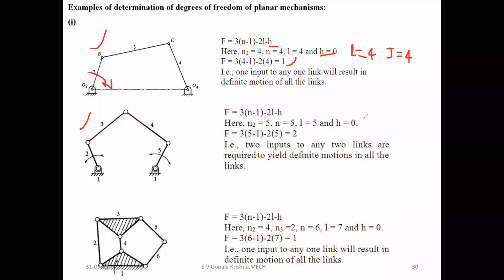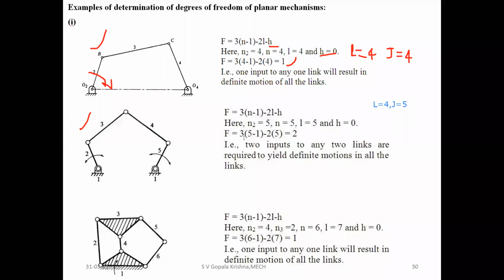So L equals 5 and J equals 5. Just observe that: this is one joint, second, third, 4, 5. Joints are also 5.